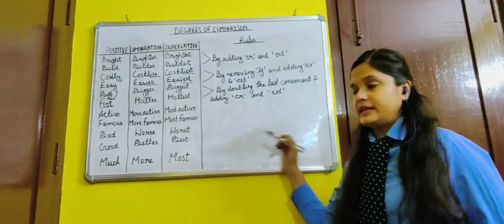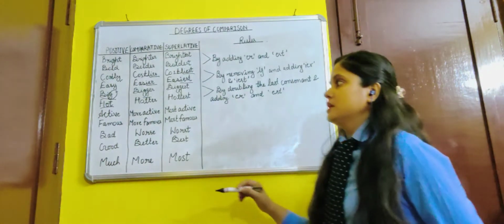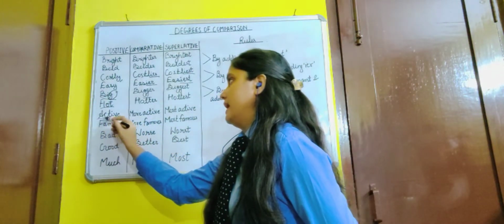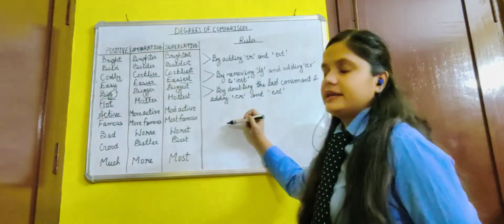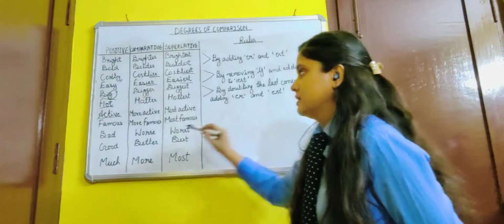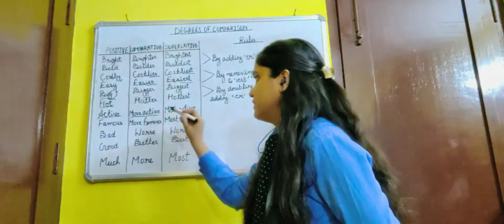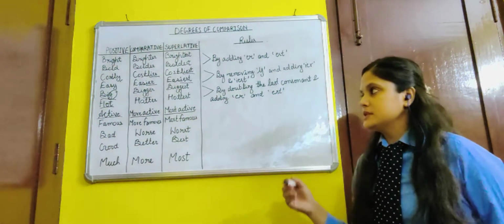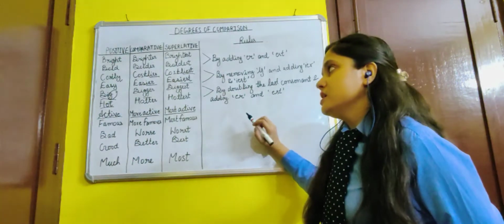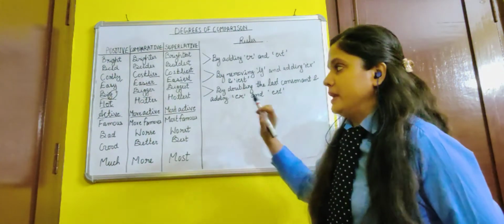Now we will read the next examples. Okay, so read this word, active. Now read its comparative and superlative degrees. It is more active, most active. Now you will see that we didn't make any changes in the main word.